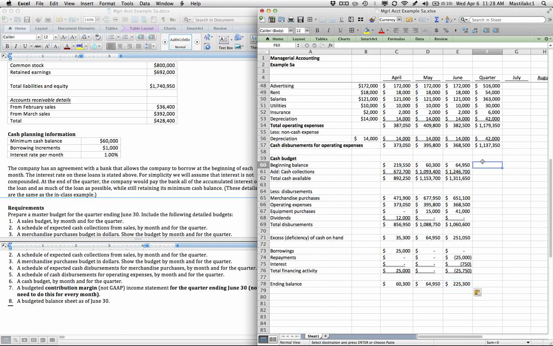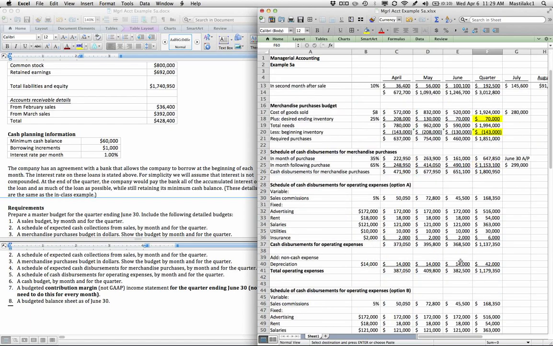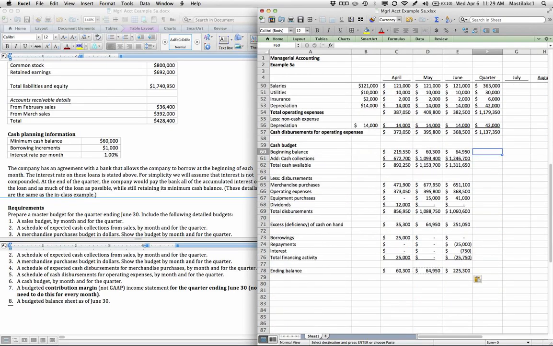Our quarterly cash budget has some of the same issues that our quarterly merchandise purchases budget does, in that we have beginning and ending issues. So again, I'll mark these in yellow for you, so you can be aware of the beginning and ending issues. The beginning cash for the quarter is not April plus May plus June, but our beginning balance for the quarter is what our April 1st cash was, $219,550.